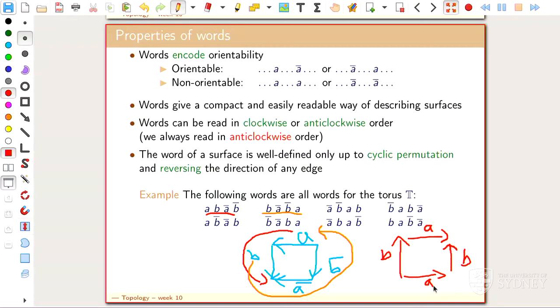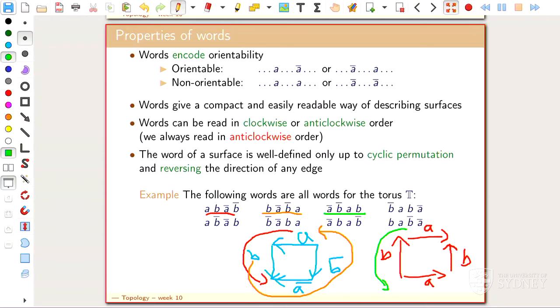And then you get the other patterns, for example B, A, B bar, A bar, if you read around here. So let me do it. Here, if I read around, I get A bar, B bar, A, B, which is this little word here. And that's all you're allowed to do. It lives on a necklace, so you're allowed to turn it around, and you're allowed to swap orientations always for both letters at the same time.